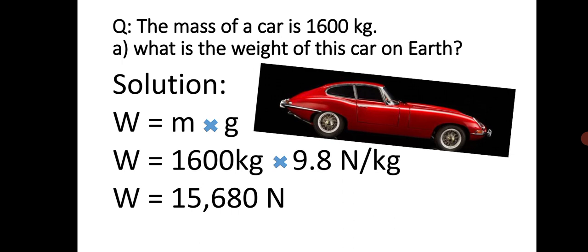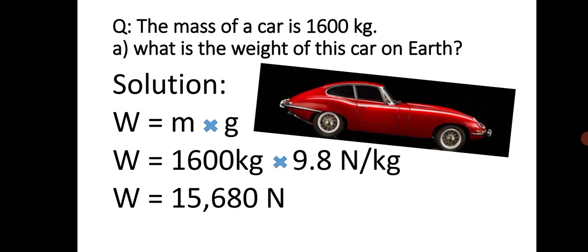Let's solve one question. The mass of the car is 1600 kilograms. What is the weight of this car on Earth? For solution, we will write the formula for weight, and we already know that weight is equal to mass times gravity.